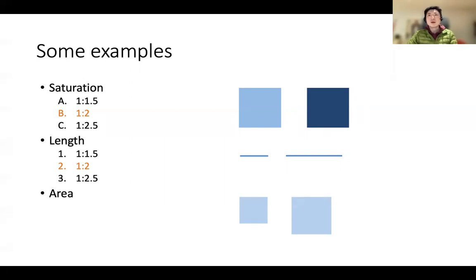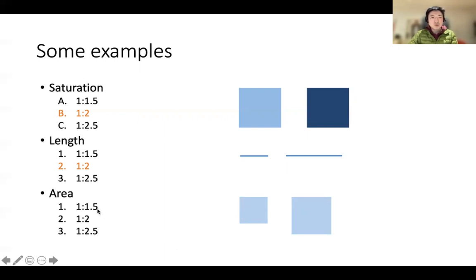Sorry, yeah. I'm going to move on to the last question now, and it's still the same task. We have these two squares, and the second one is larger than the first one, and you need to pick how much larger the second one is than the first one.